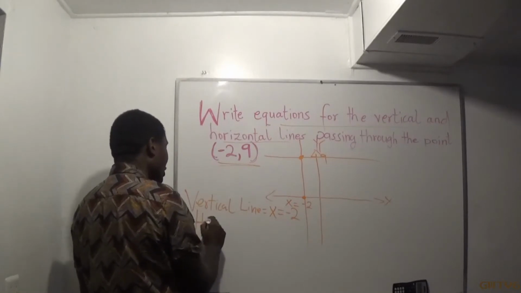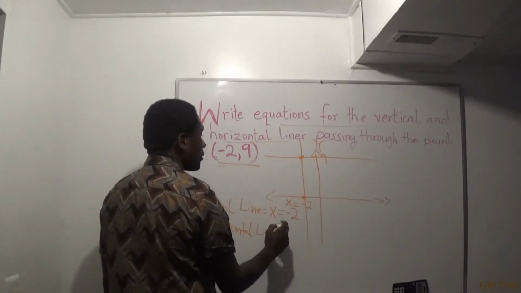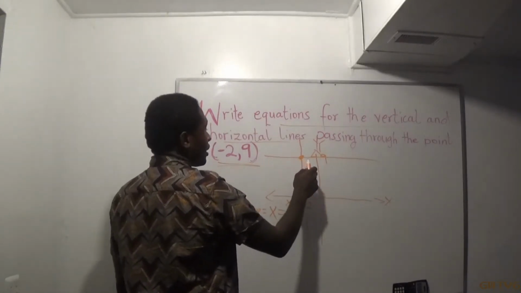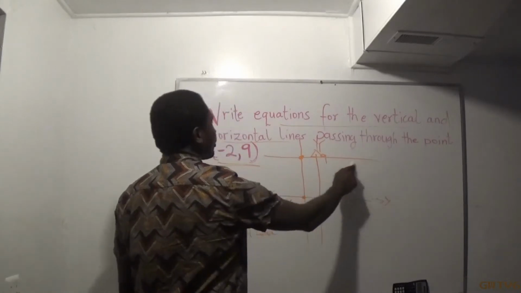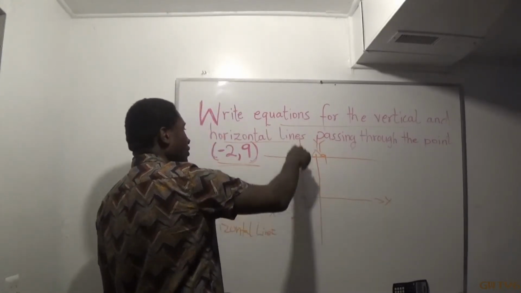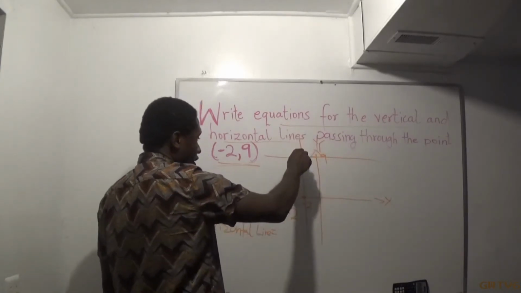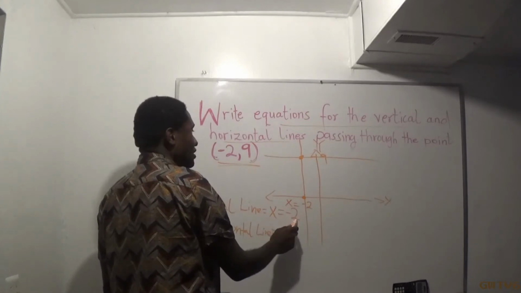And for my horizontal line, that would be this line right here. Is horizontal. So I'm not looking at these, I'm looking at my new lines. So that was my vertical, and it passed through the number -2, and it's on the x. So x equals -2.